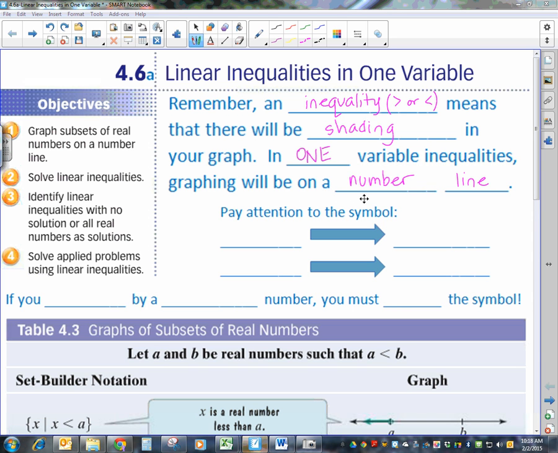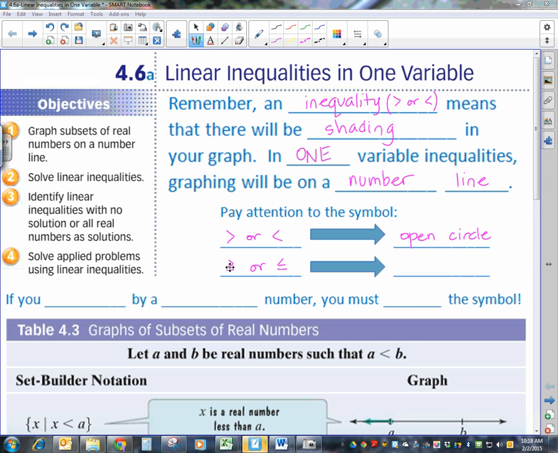The other thing that's important, when you have your inequality symbol, you will either have greater than or less than symbol, or you will have greater than or equal to or less than or equal to. If you have greater than or less than, then when you do your shading, you're going to have a circle on the number line, and that circle will be open or hollow, however you choose to remember it.